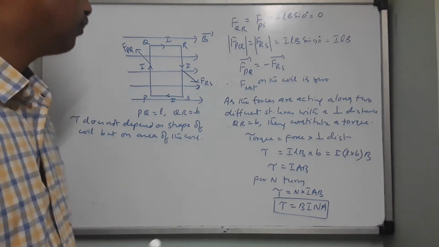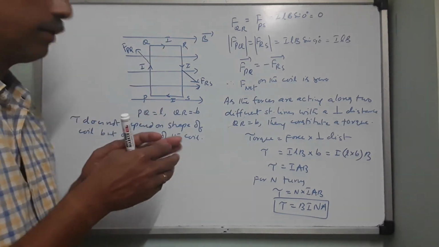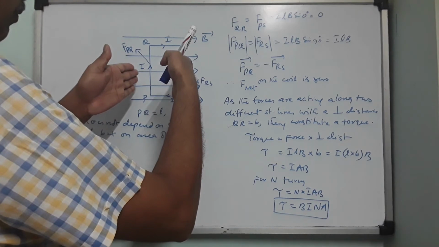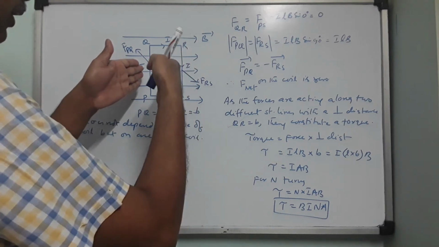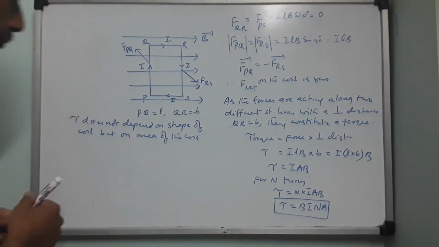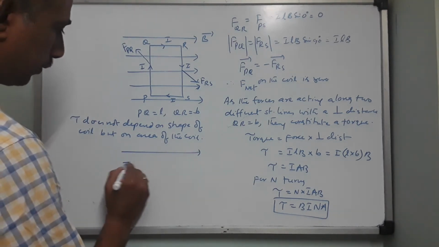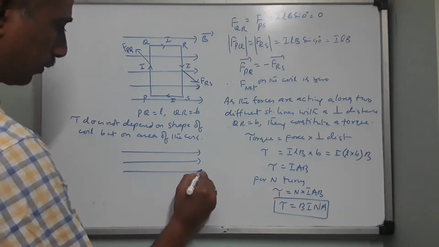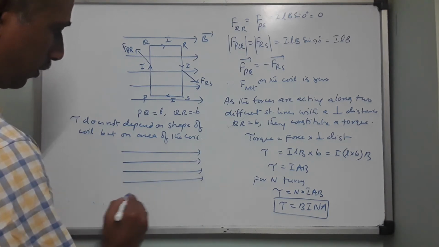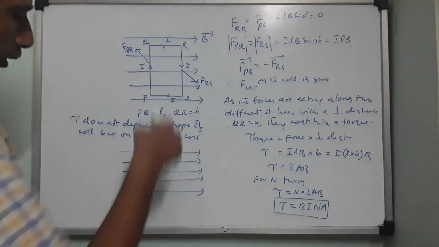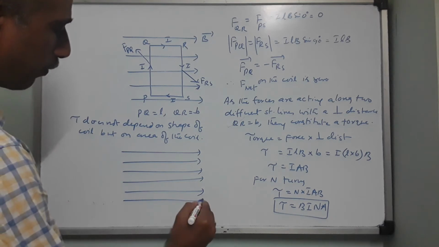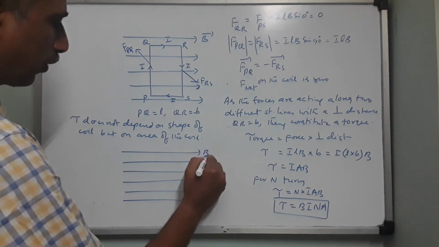Suppose because of this torque, what will happen? The coil will turn like this. This is the magnetic field direction. Same magnetic field only. Don't think that the lines are very close so that the field has become intensified.